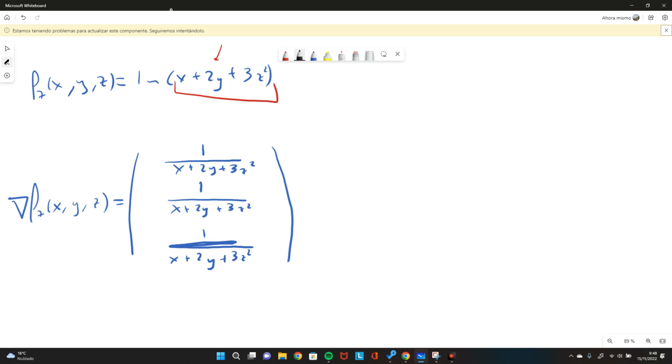Over here in the numerator, what's going to be is the derivative of whatever is inside. In respect to x, this is actually 1. In respect to y, this is actually 2. And in respect to z, this is actually 6z. And so that is the gradient. The denominator is the same, but the numerators change, okay? It's just a quotient with a little bit of a difference.